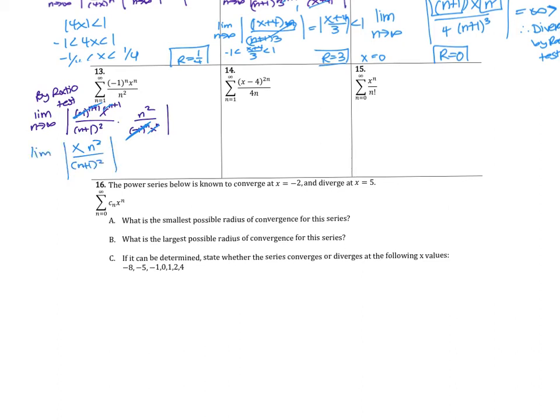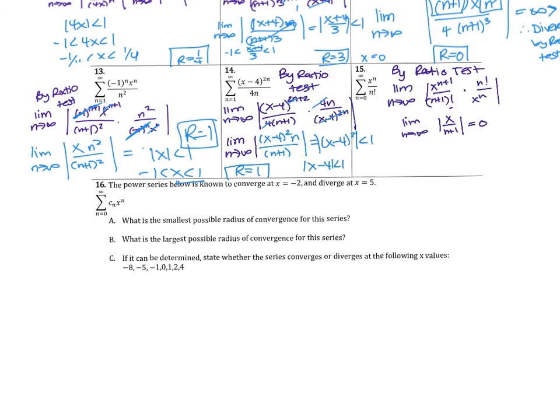So the limit as n approaches infinity of that is going to be the absolute value of x. We need that to be less than 1. That means our radius of convergence here is going to be 1, the distance from the center to either endpoint.